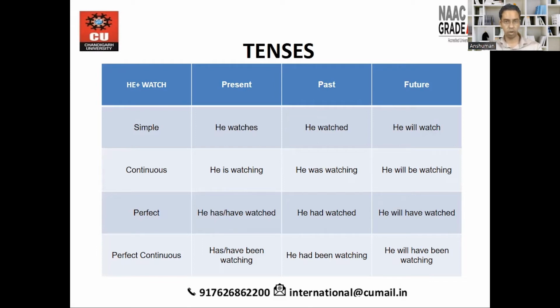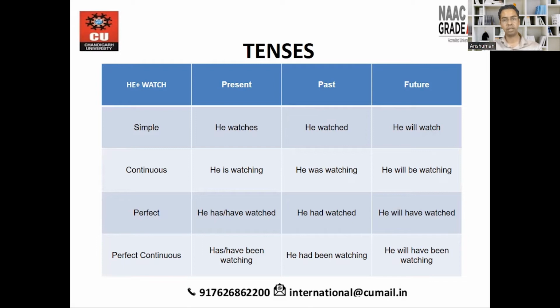Now, what is the rule of perfect tense? Subject plus has, have, plus second form of verb, if it is present perfect. If it is past perfect, the rule is subject plus had plus again the second form of verb.